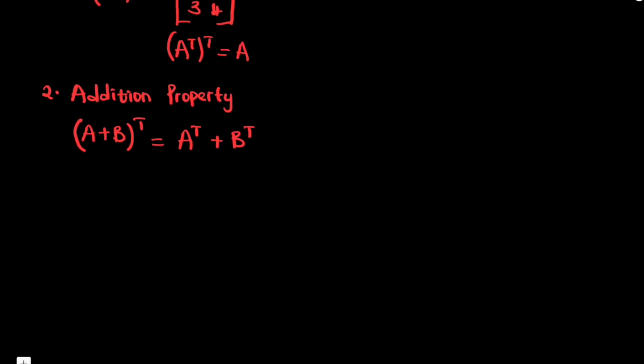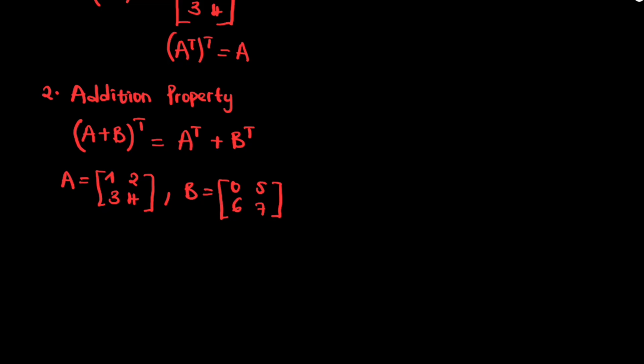Now let's check that. Let's have a matrix A, which is [1, 2; 3, 4]. Let's have another matrix B, which is [0, 5; 6, 7].